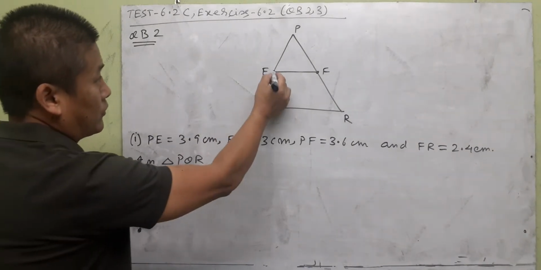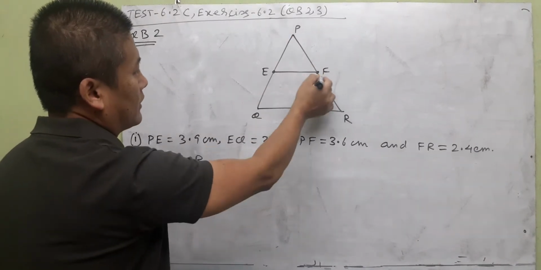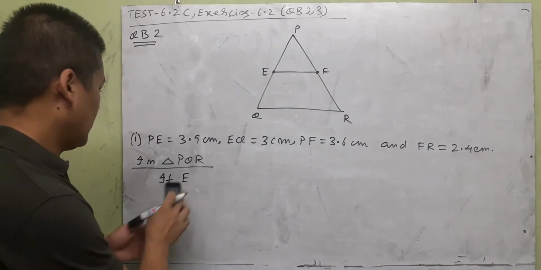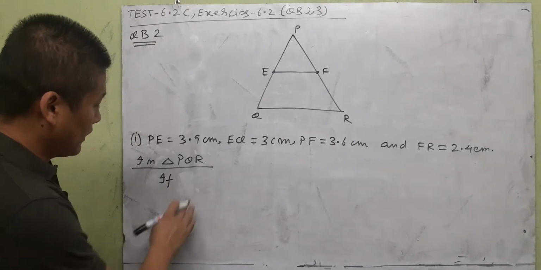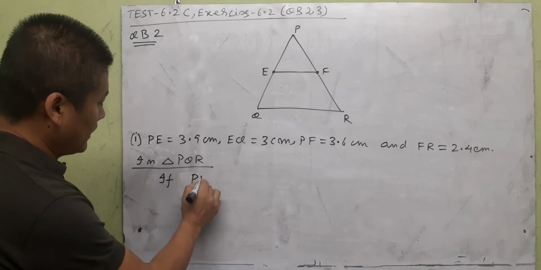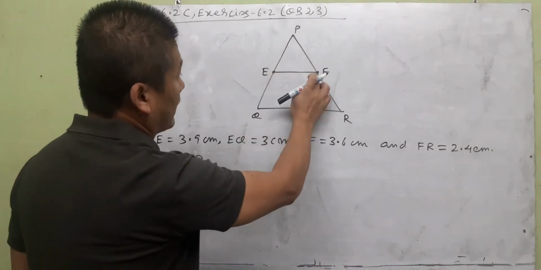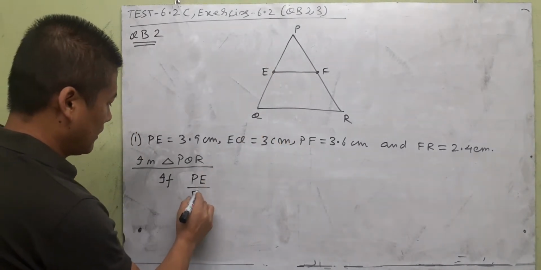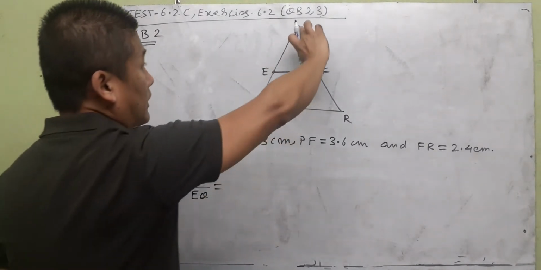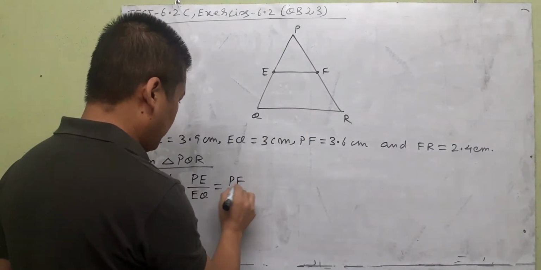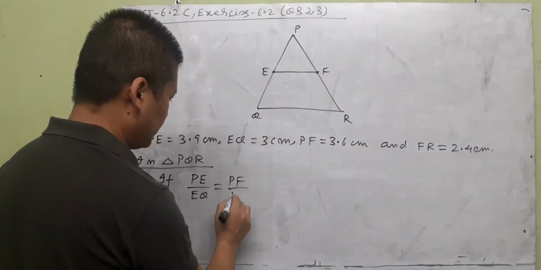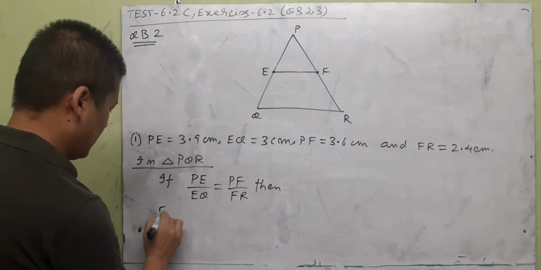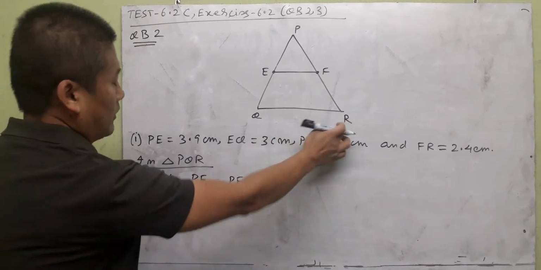If a line joining 2 points on the 2 sides of a triangle cuts like that, and if this ratio PE by EQ is equal to PF by FR, then only this line EF will be parallel to QR.